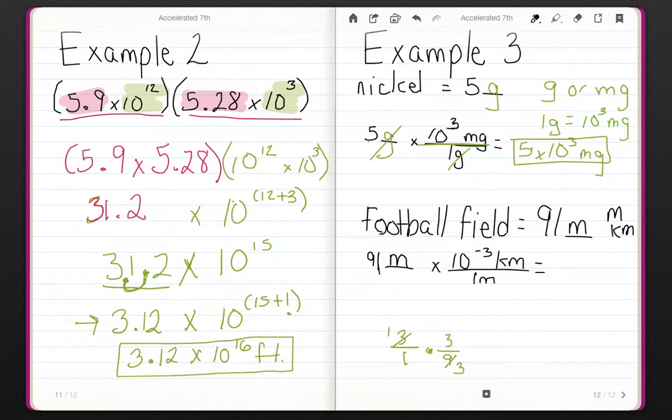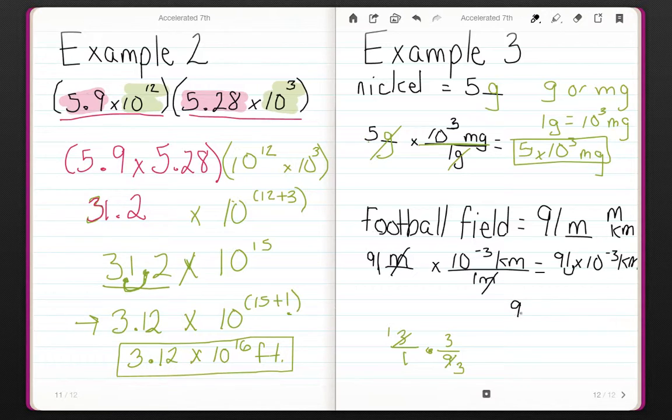So just like I did crossing out grams, I can also cross out my units. So 91 times 10 to the negative 3rd kilometers. However, 91 is too big. My number has to be between 1 and 10. So I need to move that decimal one place to the left.